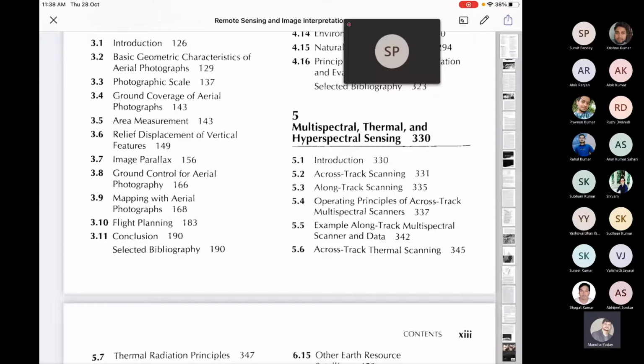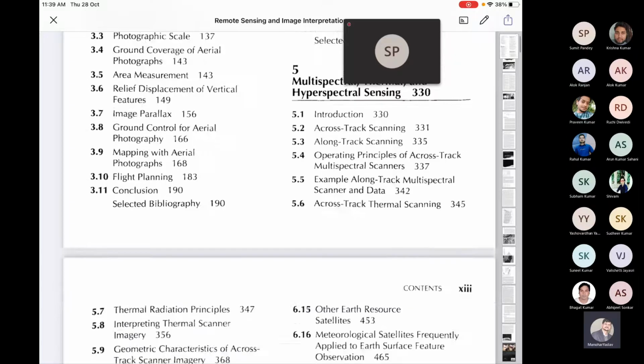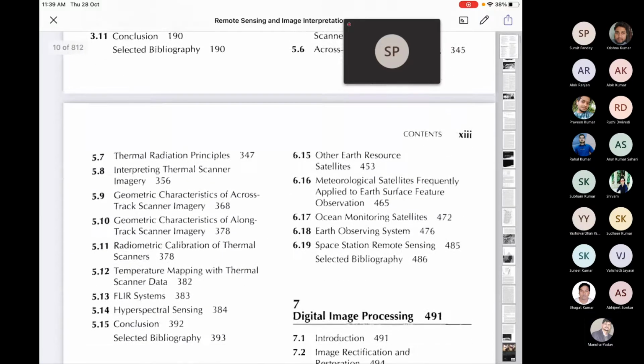What is the internal design of the sensor? How do they operate, how do they collect, how do they sense the picture element? That discussion is given in 5.1 to 5.5. And right now we have been discussing these concepts. I hope this will help you to go through this book, and you can get part of the discussion which we have been doing.